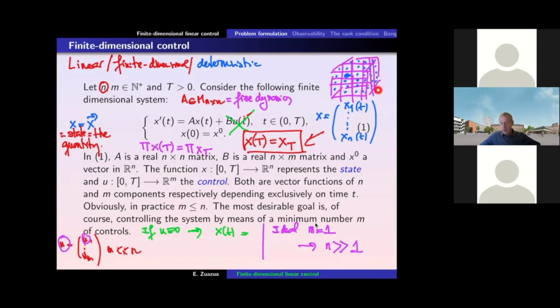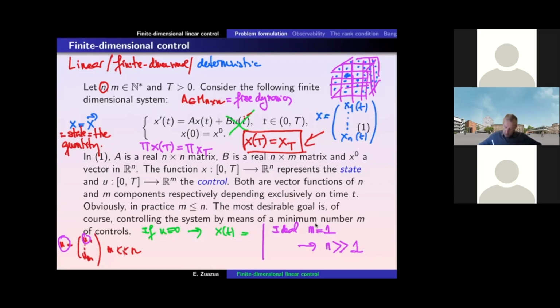Then I don't care about the temperature in the upper offices. I will not spend energy on regulating the temperature in the upper offices. I just do it on the first floor. So then you are not controlling the full state, you are just controlling some projection. Right? So this will be a kind of partial control or controllability problem, right?